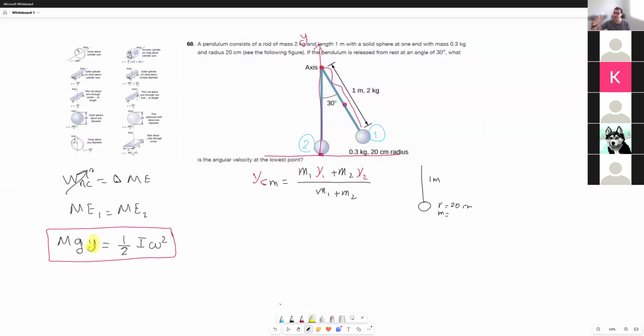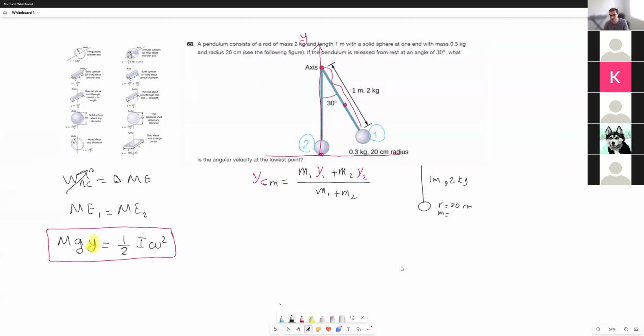The value of y is the position of the center of mass when it's at the releasing point, right? What's going to be the position of the center of mass? The question you should ask yourself: what's the position of the center of mass of a rod with 1 meter length, mass of 2 kilograms, and that rod has a sphere attached to the bottom of it?